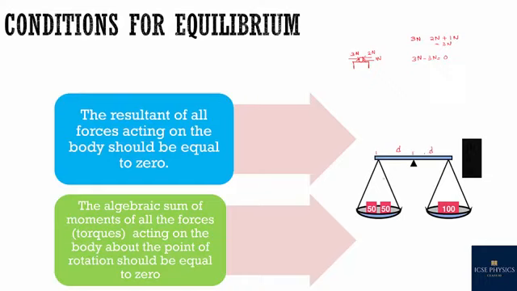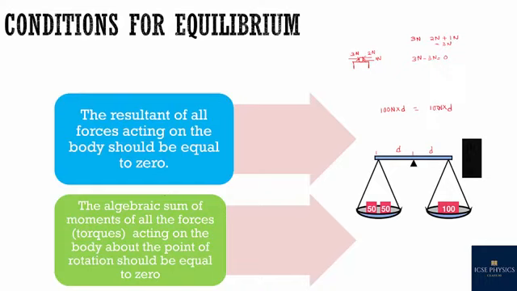Now let's calculate the moment. What we have studied: anti-clockwise moment is equal to clockwise moment. So this one is anti-clockwise. What will be the weight? Suppose the weight is 50 plus 50, 100 Newton into d, the distance. And what will be the moment here? Again 100 into d. So clockwise moment is equal to anti-clockwise moment.